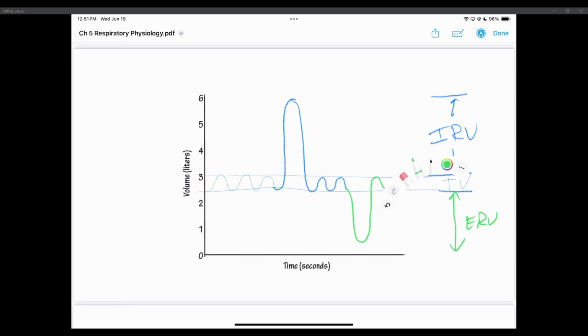Then the last thing we're going to have them do is breathe in all the way in and then all the way back out again. So after a tidal breath, we go all the way up, in, and then all the way back out again, and then back to normal tidal volume.